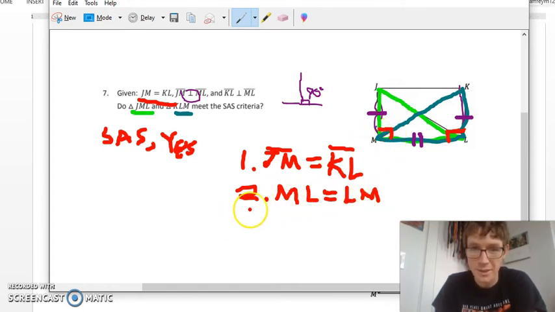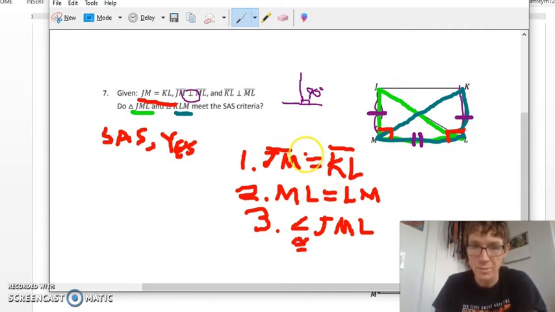And the other thing is the angles that are the same, the measure of angle, let's write the angles out fully. So JML is congruent to... Actually, all I'm saying is I'm putting all these equals here, but I forgot.